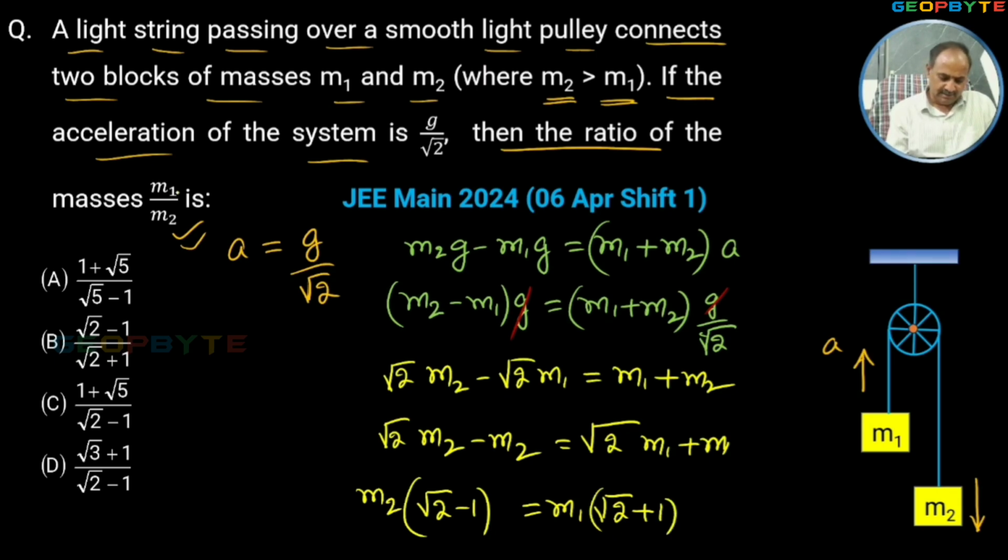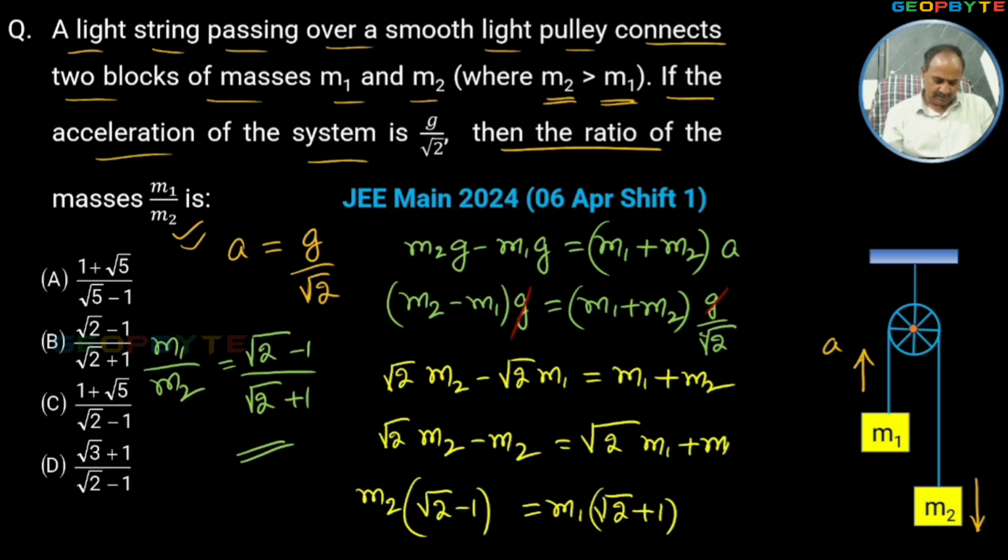We are asked to find m1 by m2. From this, I can write that m1 by m2 equals what? Root 2 minus 1 by root 2 plus 1. That is m1 by m2.